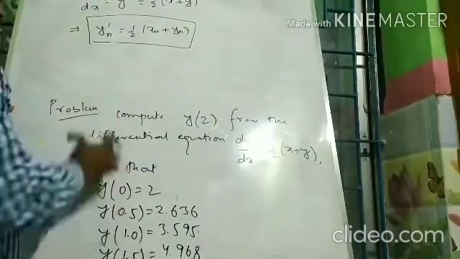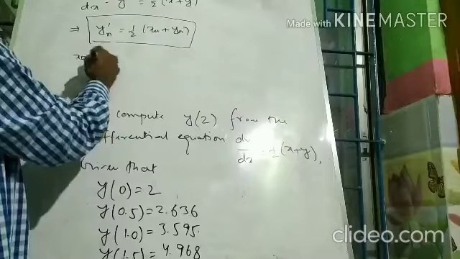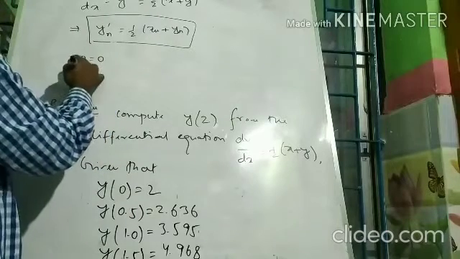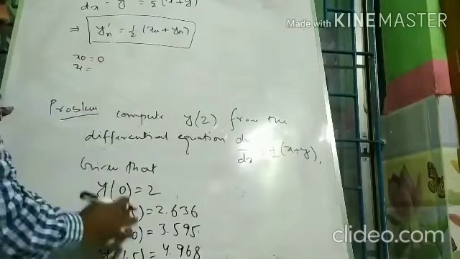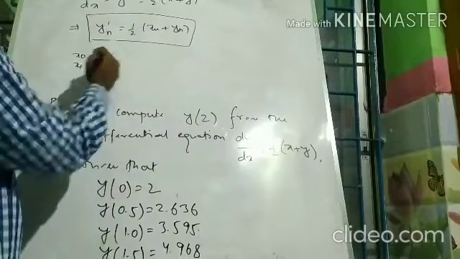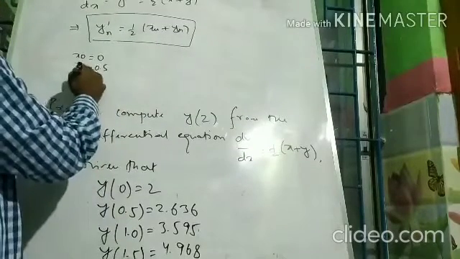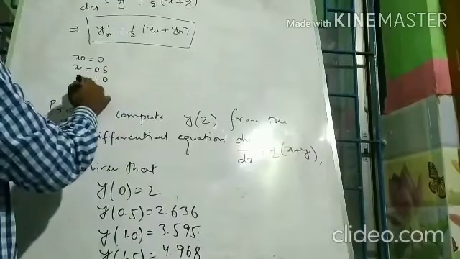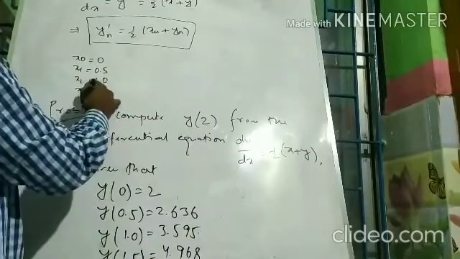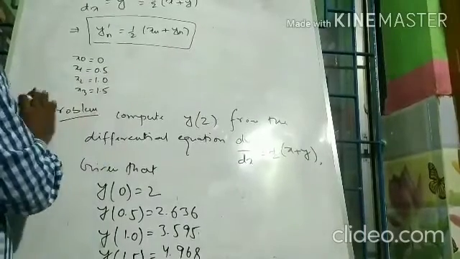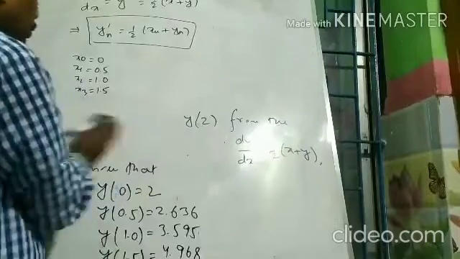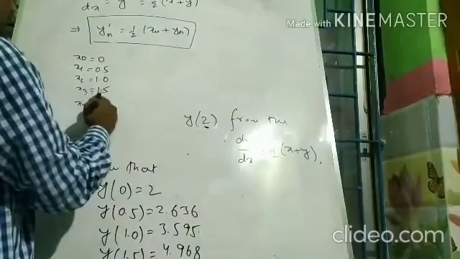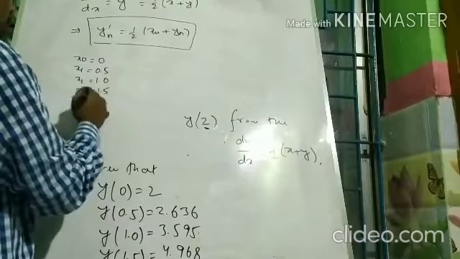Now x0 is 0, x1 is 0.5, x2 is 1.0, x3 is 1.5, and we have to calculate y at x4, which is 2.